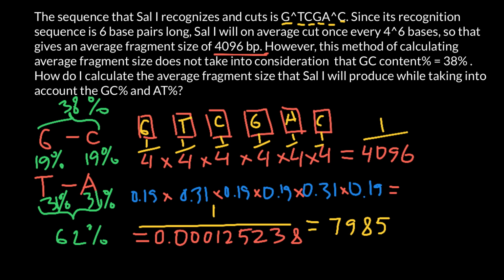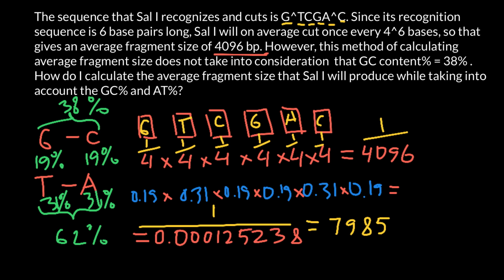So if GC content wouldn't be equal to 50%, but would be 38% instead, we expect that this enzyme would cut our double-stranded DNA every 7,985 base pairs. So you see how GC content influences fragment size.